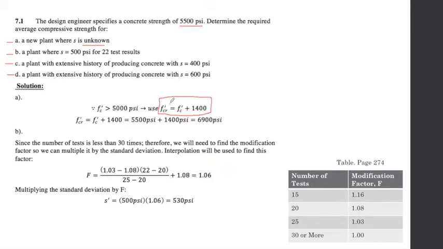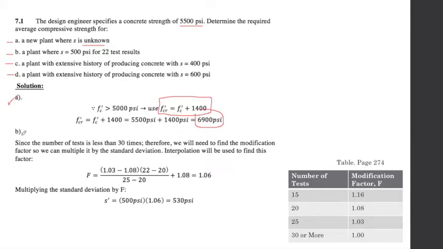It says f subscript CR prime, which stands for the required average compressive strength, equals f C prime plus 1,400. We substitute into this equation, and we get the result, which is 6,900 pounds per square inch. So this is the first part.